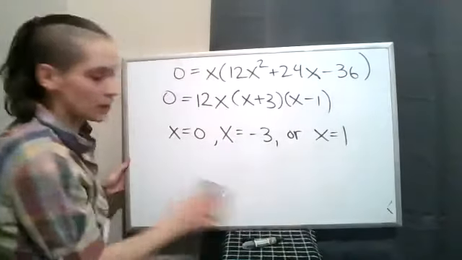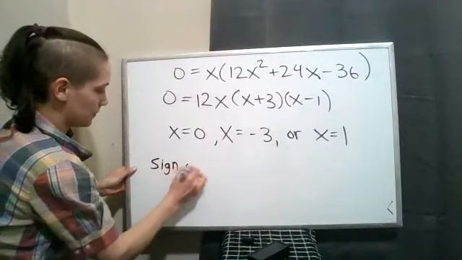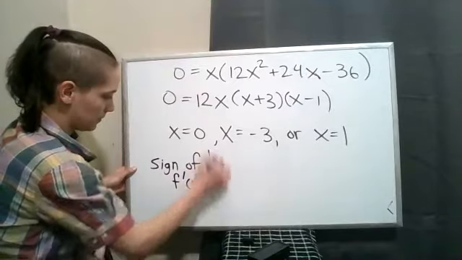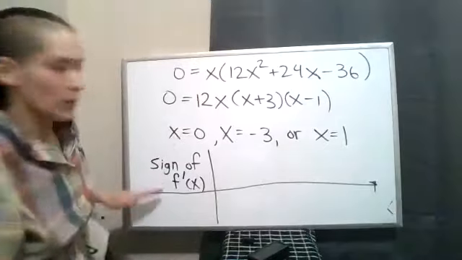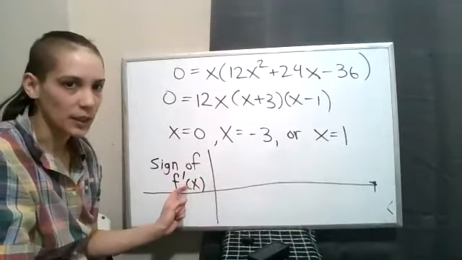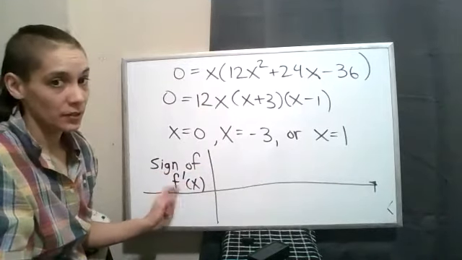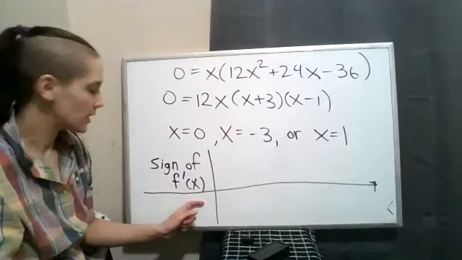And the sign chart is for f prime. So really all you need is the number line. This is for your x values. This is just a label for the sign of the function we're looking at. And it's going to give us intervals for increasing and decreasing.